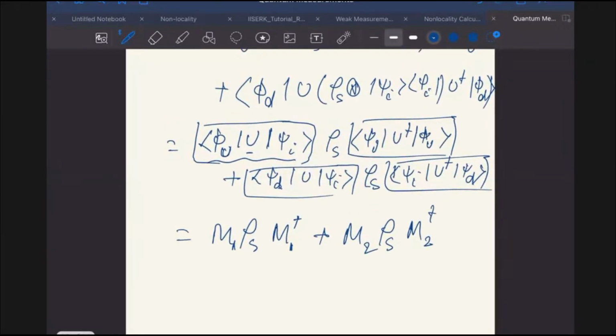Now after I evolve the state, I have found the state of the system. If I ask what is the probability of a detection at k, I am associating a projector of the spin degree of freedom.